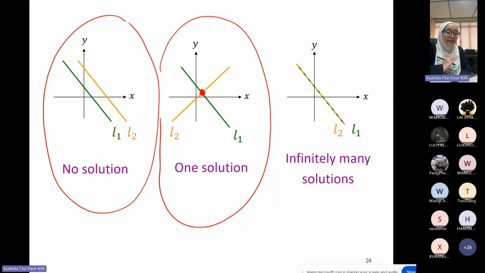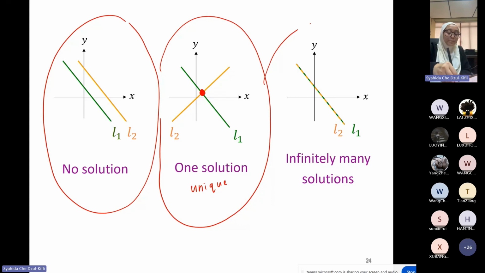So if they intersect, the point must be unique. Means only one point of intersection, therefore only one solution.